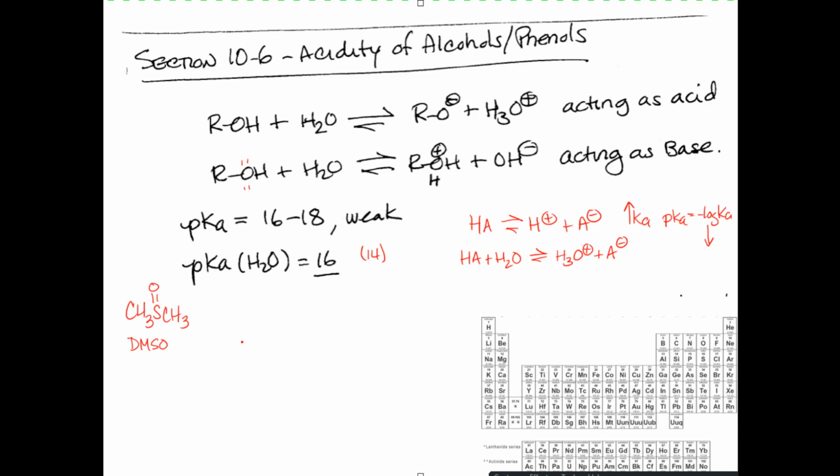And just to give you a general review, in Organic 1 you may have talked about the idea that in this simplified equilibrium, the way that we make a stronger acid is to somehow push this equilibrium to the right.